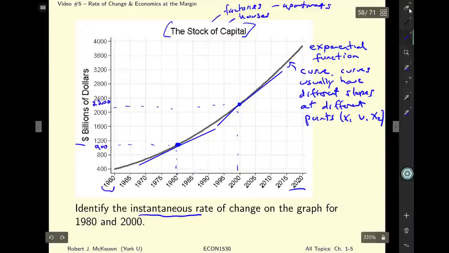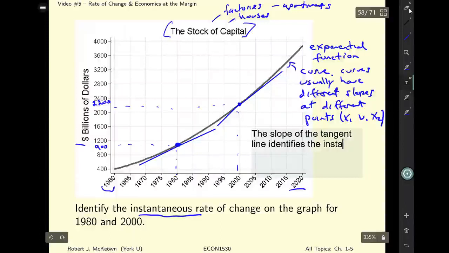It's kind of hard to draw, but the slope of the tangent line identifies the instantaneous rate of change.